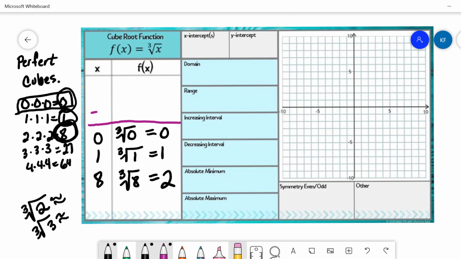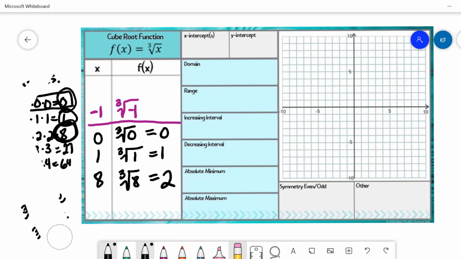So I'm going to start with -1 because it's just an easier number to work with, especially when you're learning these values with the cube roots. So what is the cube root of -1? Well, this is not a square function. So we're going to take -1 and rewrite it.